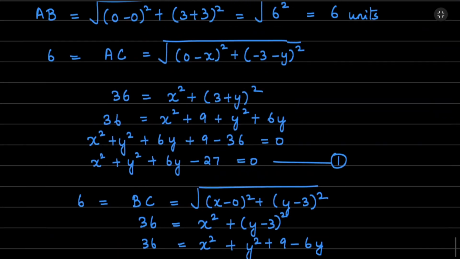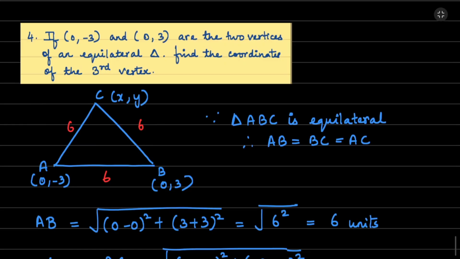Very easy. So if you are given a specific triangle, you have to understand the characteristic of that particular triangle. Since it's equilateral, all the three sides are equal. So first we calculate the distance between any 2 points whose coordinates are known to us.